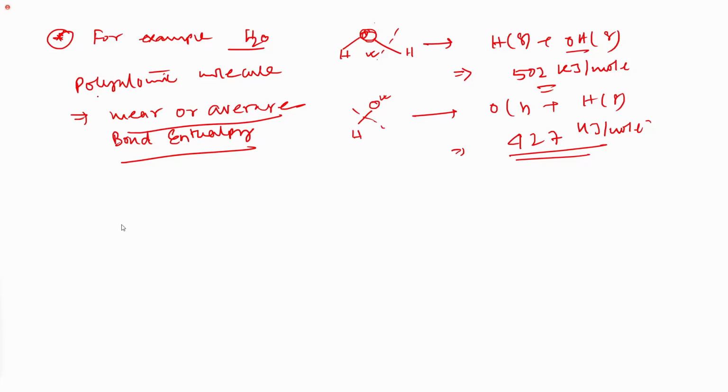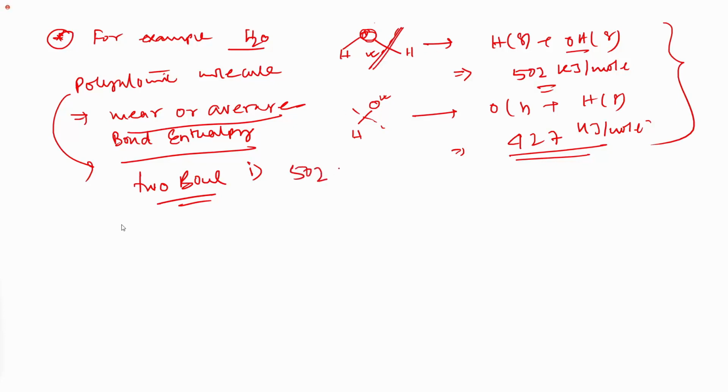Suppose for that polyatomic molecule there are two bonds, for example the water molecule. To break the first bond, we need the energy 502 kilojoule per mole.